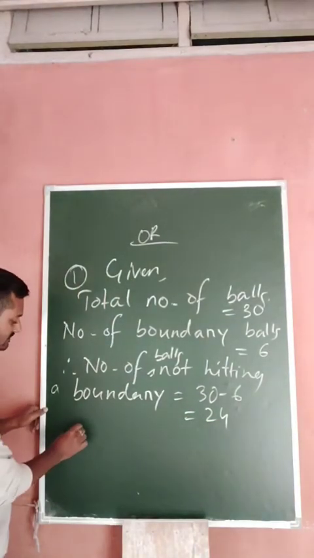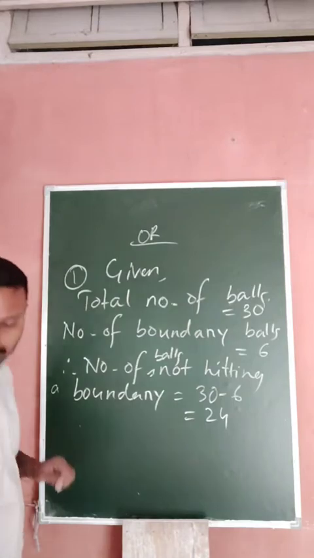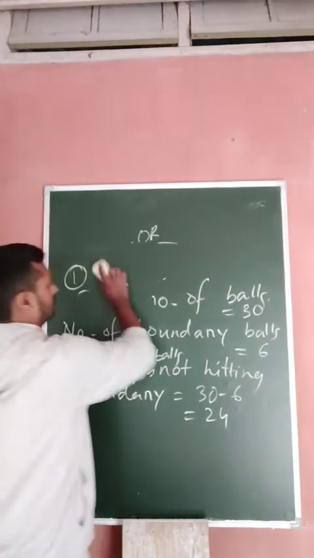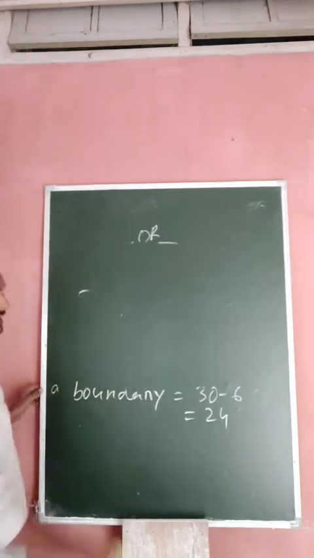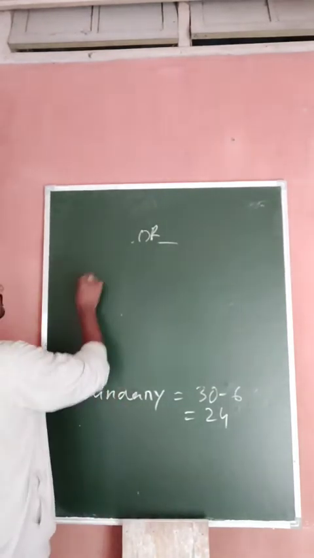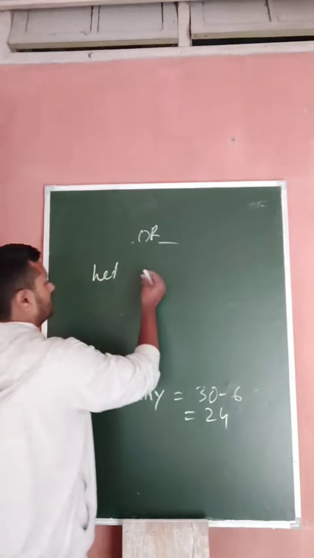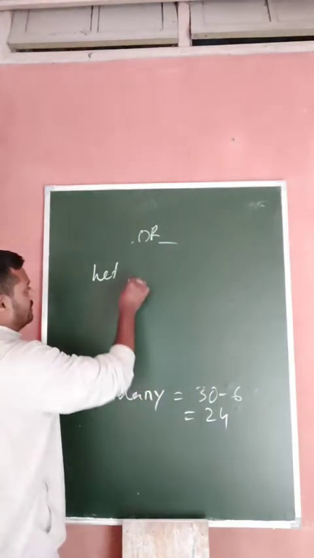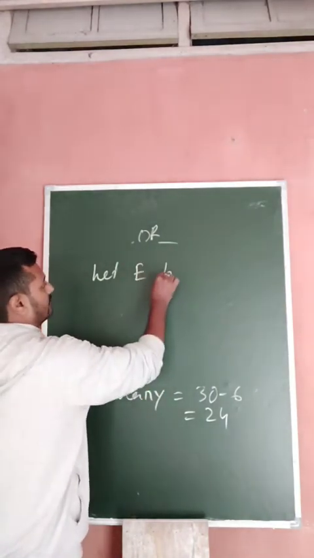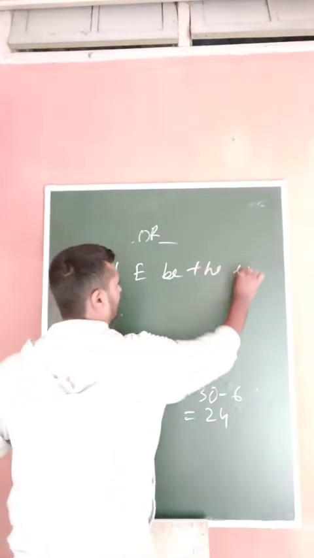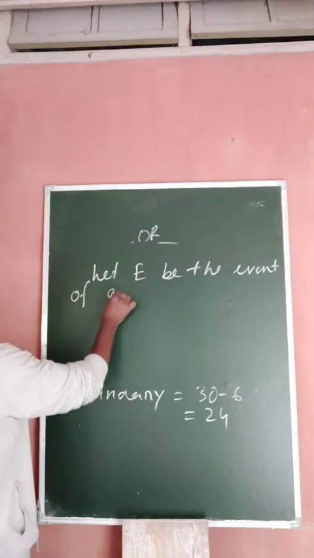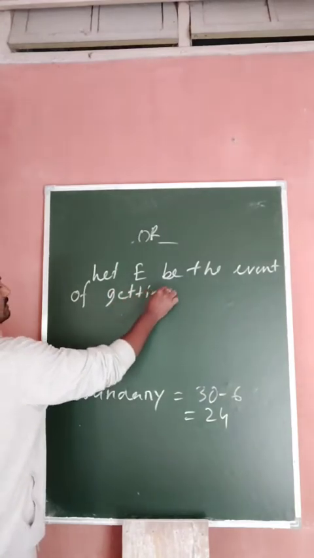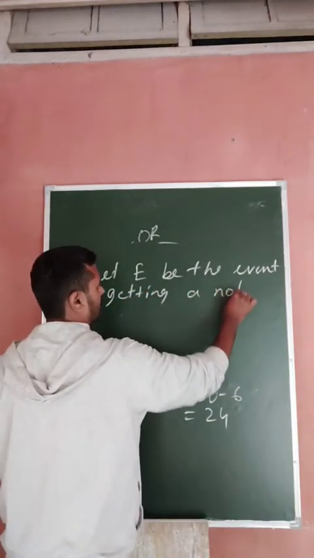Now, let E be the event of getting a not-hitting boundary ball.